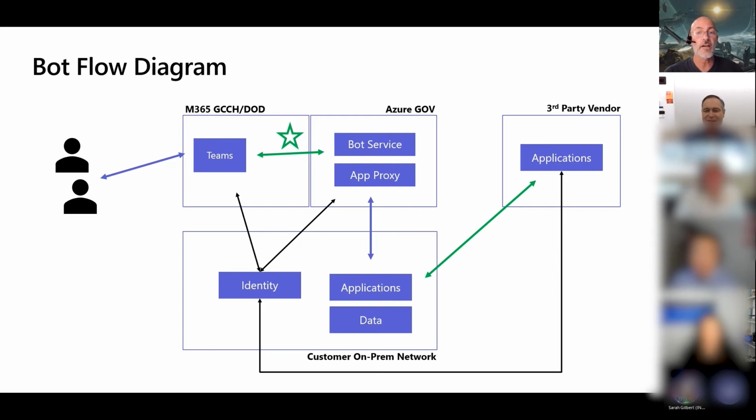On the right-hand side, connecting to third-party vendors in the past has only been available from your on-premises network. In other words, we did not allow the bot service or app proxy or Teams to connect directly to a third-party vendor. And if you go to the next slide, it kind of shows that.